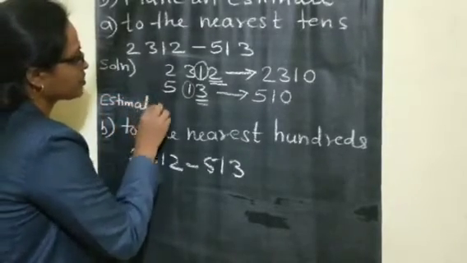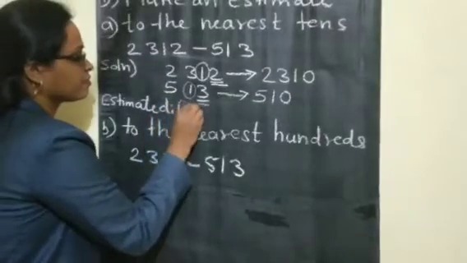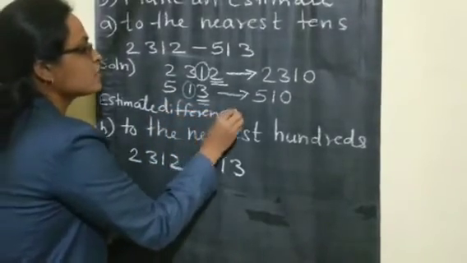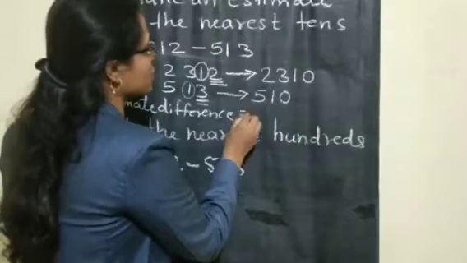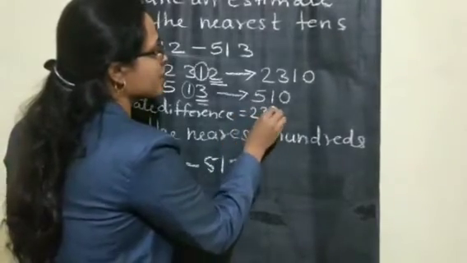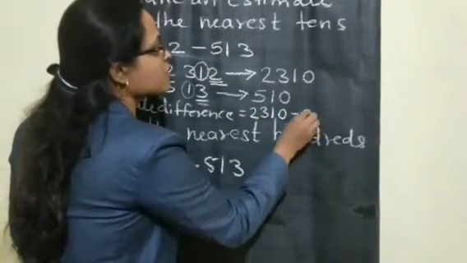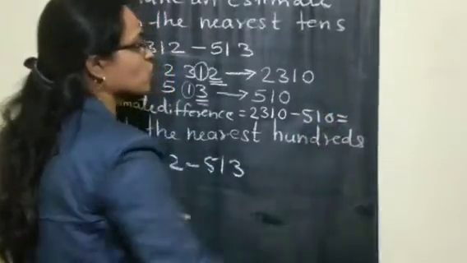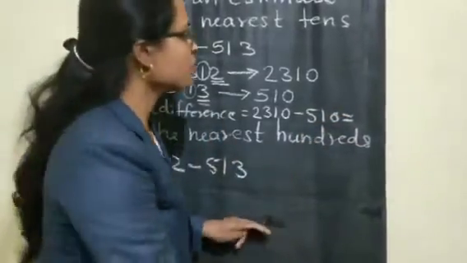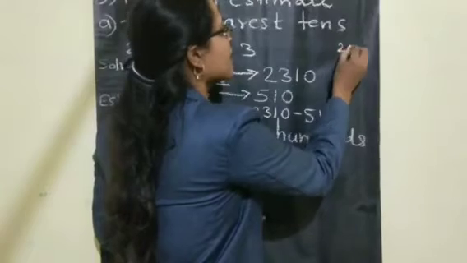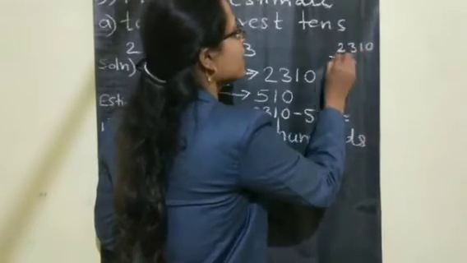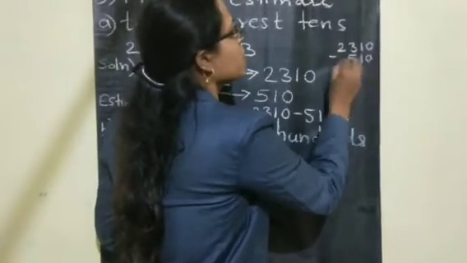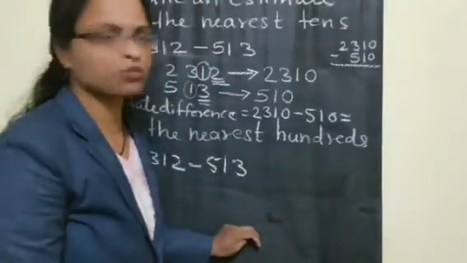Estimate difference is equal to 2310 minus 510. If it is not possible horizontally, write it vertically and do the subtraction, children, and get your answer.